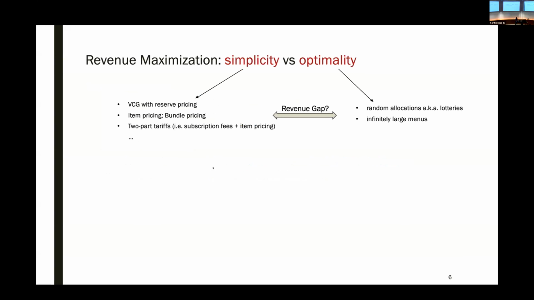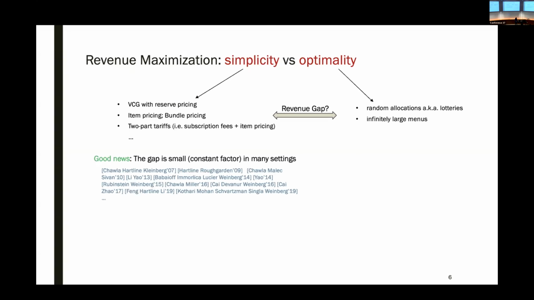Okay. So this question of approximating optimal mechanisms with simple mechanisms is a really, really old one in our community. And in particular, since 2007 or so, we've looked at this question of how well the simple mechanisms like the VCG mechanism and item pricing and bundle pricing, how well do these mechanisms approximate the optimal one?